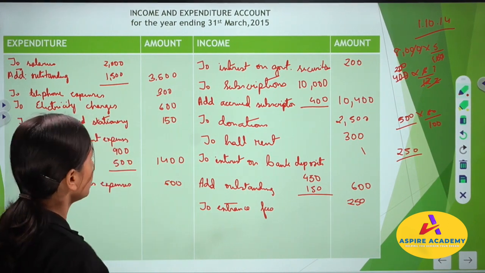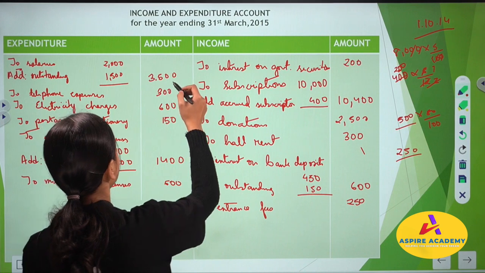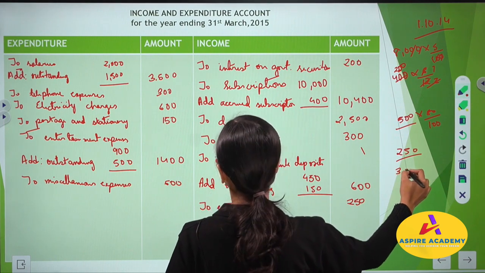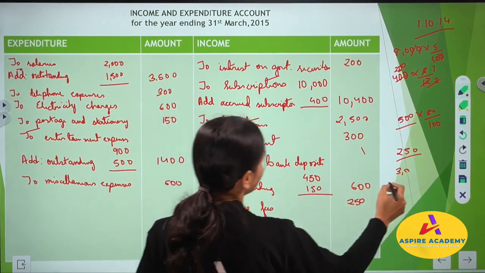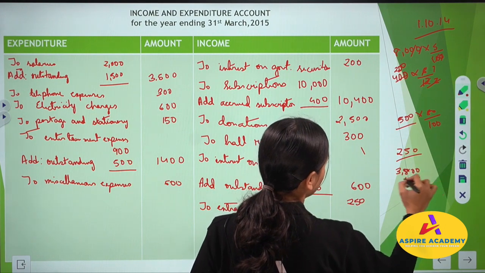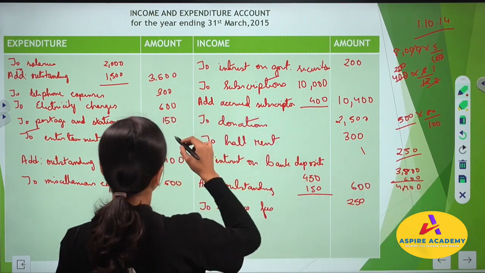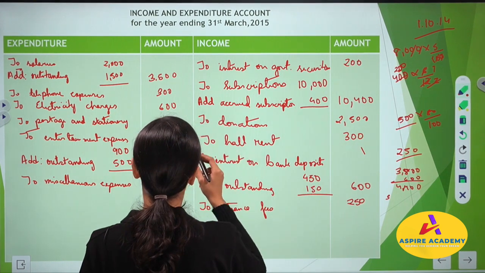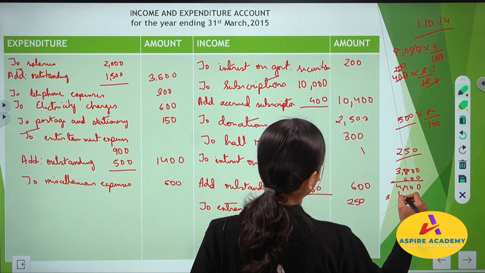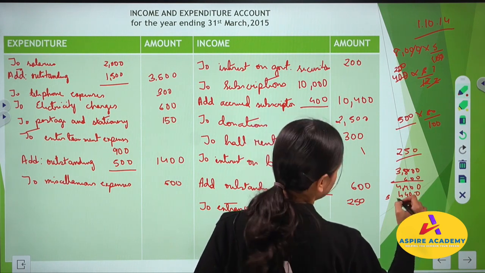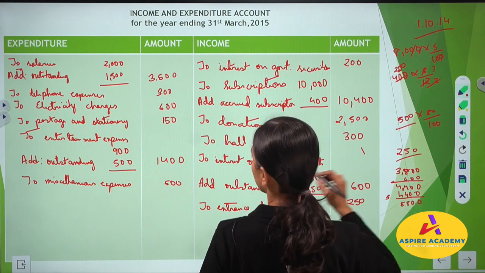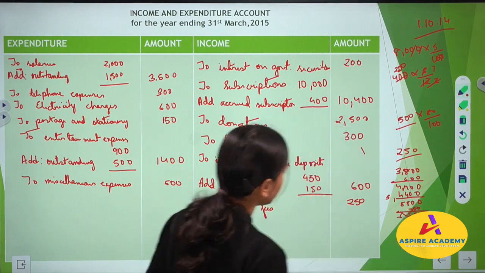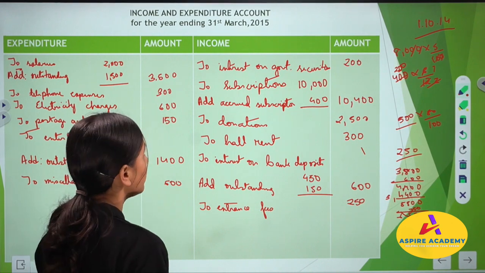So now let's add both the sides. This side we have, this is your 4,400. Then this side is your 6,550.